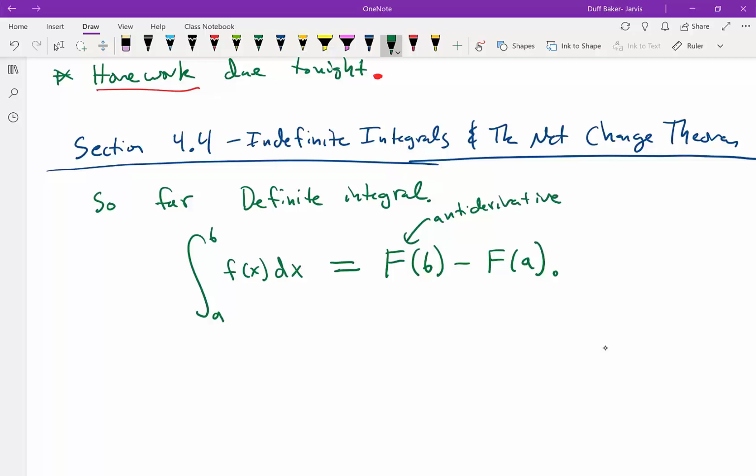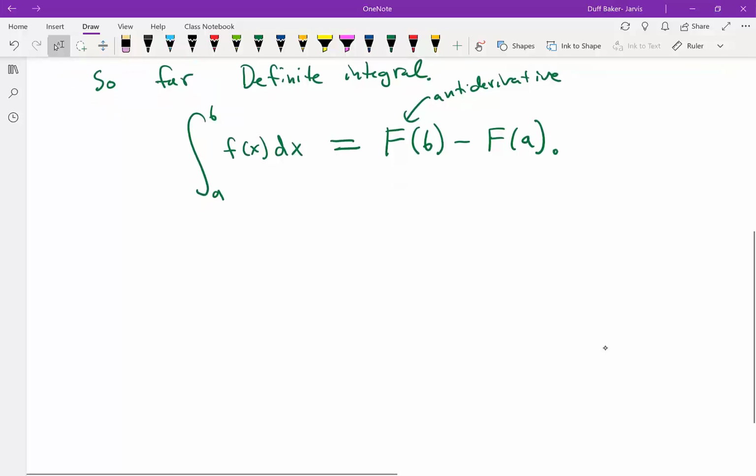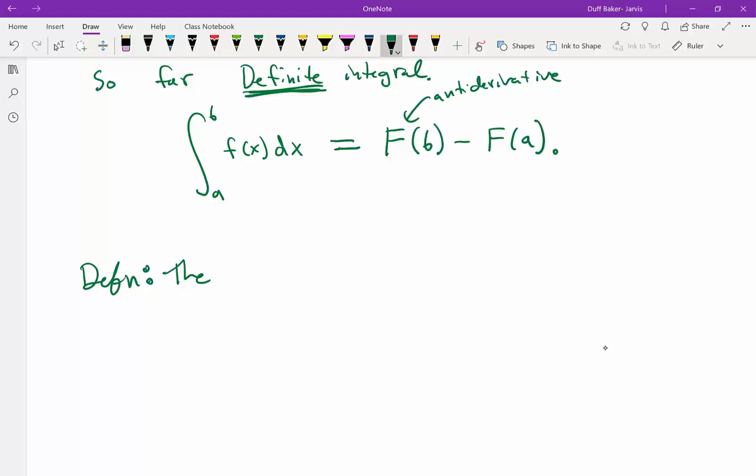But a lot of times we get sick of saying the word antiderivative, right? It's a long word. I get sick of writing it repeatedly. So what we do instead is we introduce another notation. Let me just tell you the definition first. The indefinite integral. So this one was definite, and this one's indefinite.